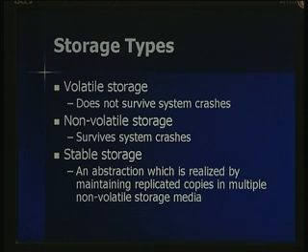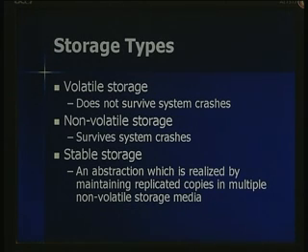To explain how these properties are retained by the system, we also need to understand the different storage types available in a computer system. Let us look at a simple volatile storage. This does not survive system crashes. That means when the system crashes, the storage is lost the minute the system crashes.